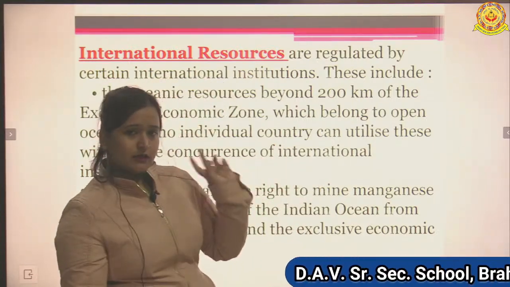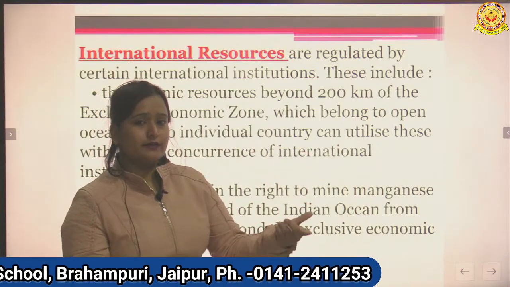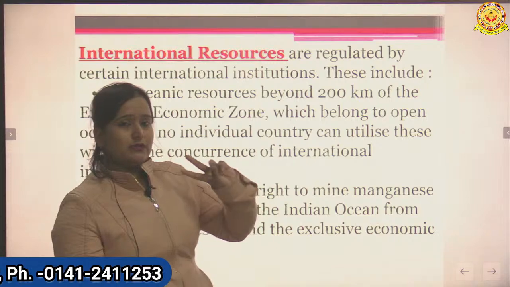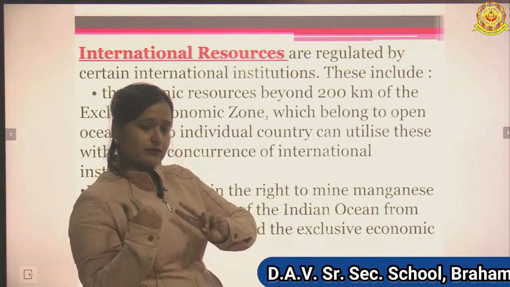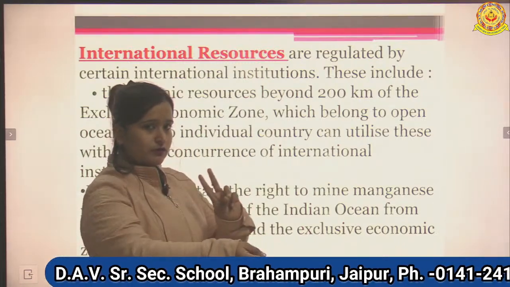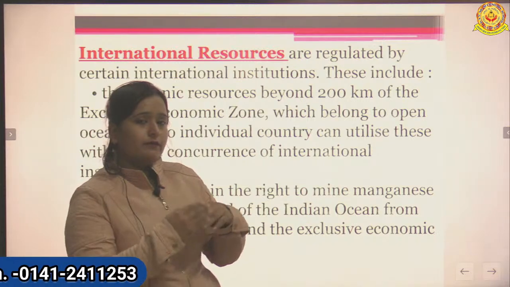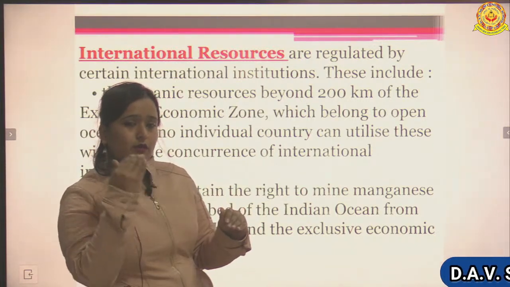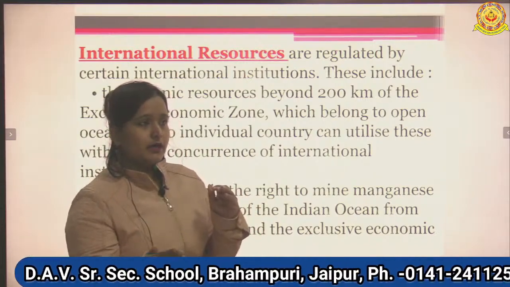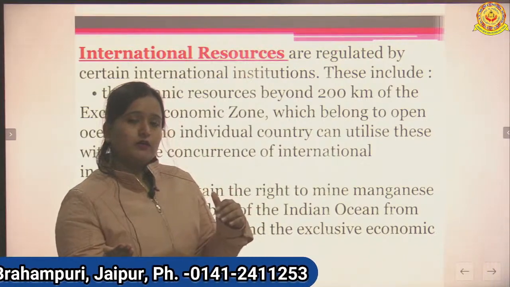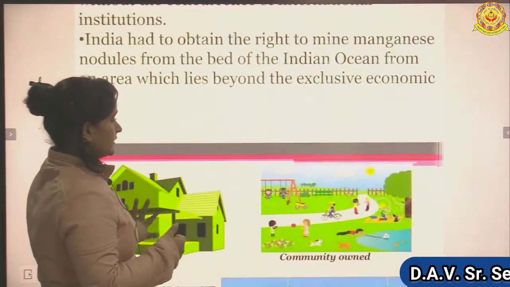Next, the classifications. Classification on the basis of origin means in which form we are getting it. Classification on the basis of exhaustibility means which resources are going to be exhausted, meaning extinct, and which are not. Classification on the basis of ownership means which resources can be owned by an individual, a community, a nation, or internationally.